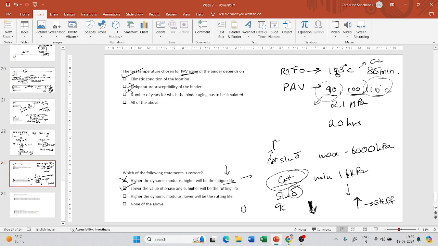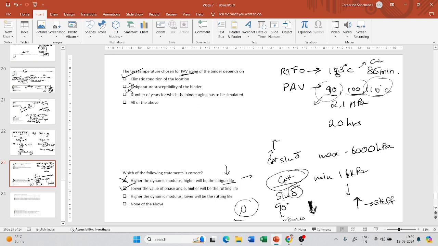This delta can vary between 0 and 90 degrees, right? 0 is for elastic materials where it is very stiff, and 90 is for viscous materials where it is fluid-like, right? So if the phase angle is more, then it has more fluid-like properties, and so it can easily flow and rutting will be more, right? So at lower values of phase angle, it can resist rutting more, and so the rutting life will be better.